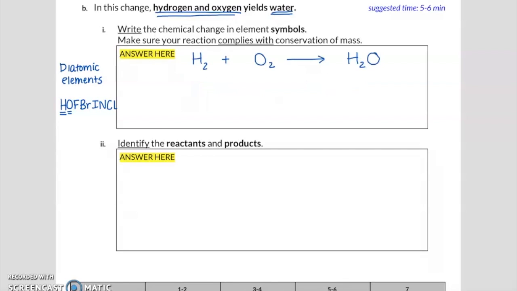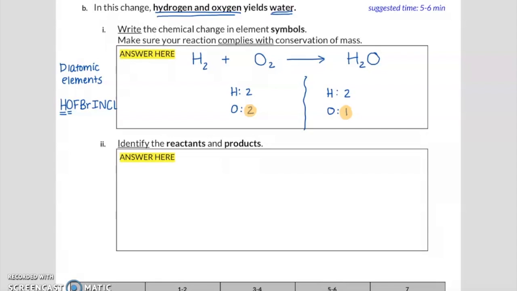But we are not done yet because this equation does not yet comply with conservation of mass. Let me show you why. If I write out my atom inventory, H2 and O2, and in my products, H2 and O1, you'll notice that it looks like an oxygen atom has disappeared in this reaction.